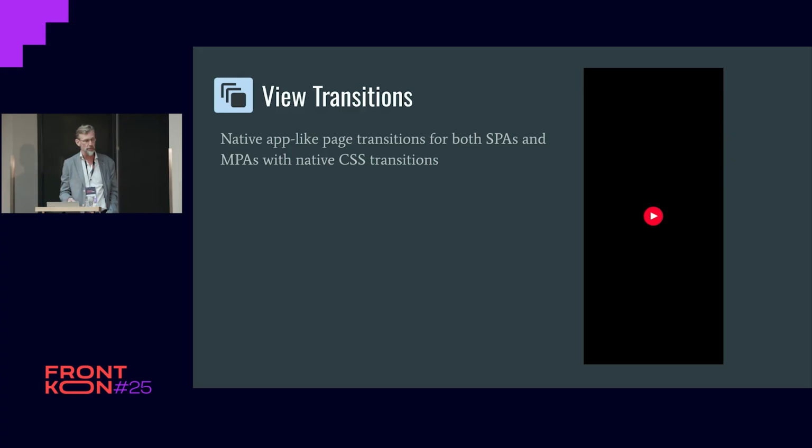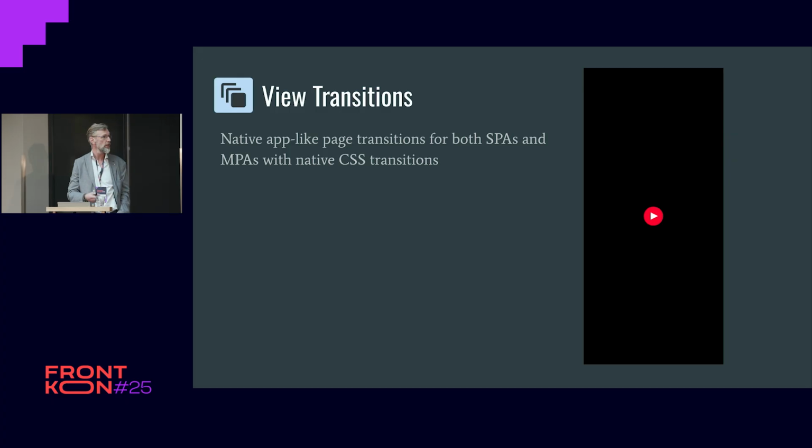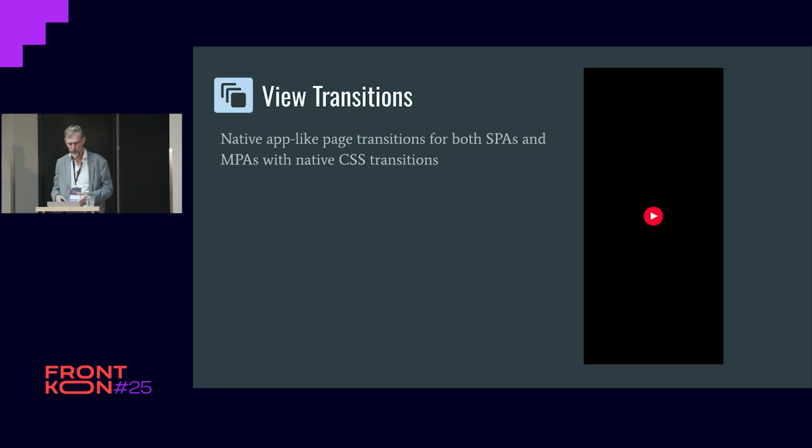And the good thing is that this is all built on native CSS transitions. So if you know CSS transitions, you can start using them right now. Another good thing is that they're available for both single-page apps and multi-page apps. So that means if you have a web app with completely separate HTML documents, you can now even have nice transitions between those documents as well.